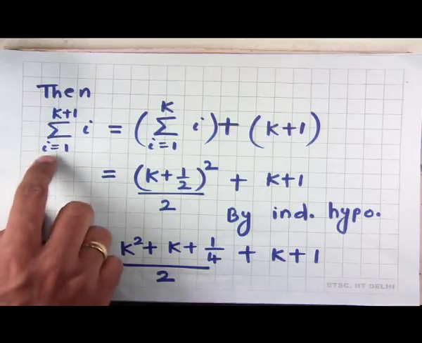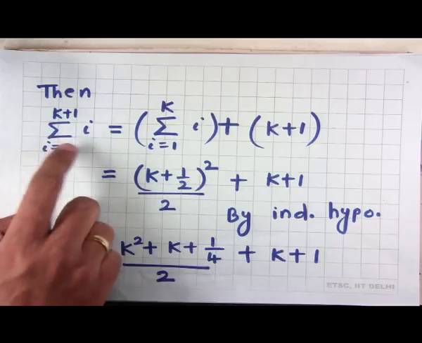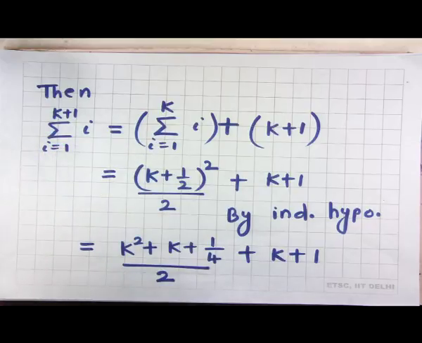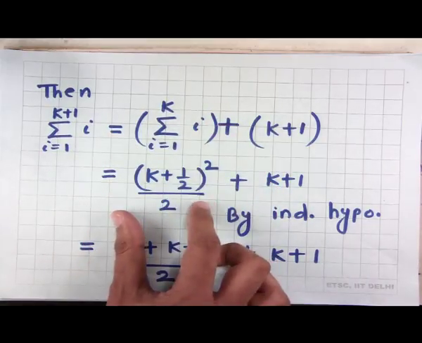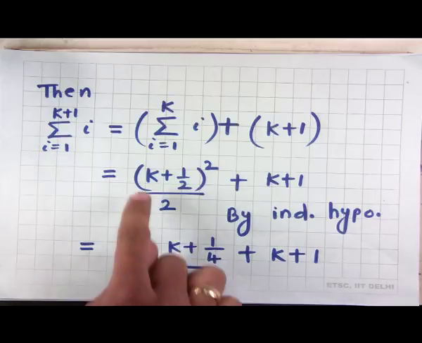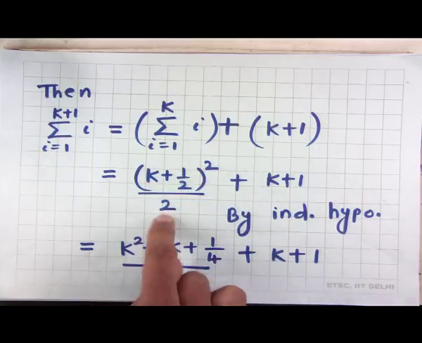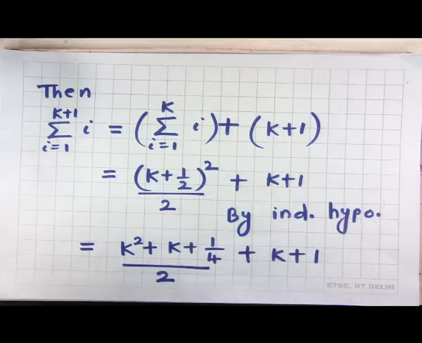We have the sum of first k plus 1 positive integers on the left hand side, that I have split into 2, and on the first summand I can apply the inductive hypothesis and get (k plus half) the whole square by 2, and the second summand is k plus 1.